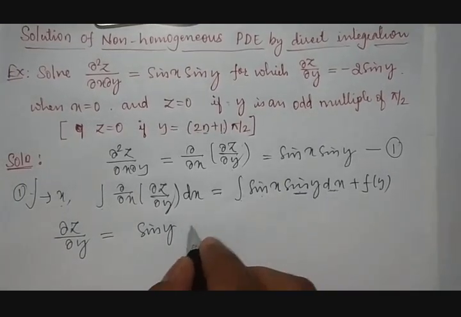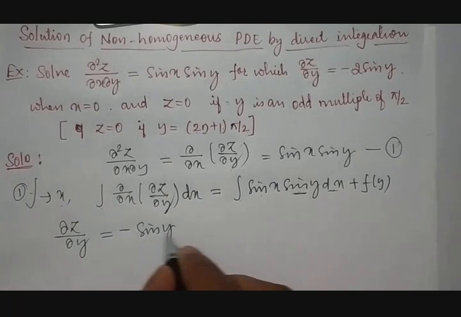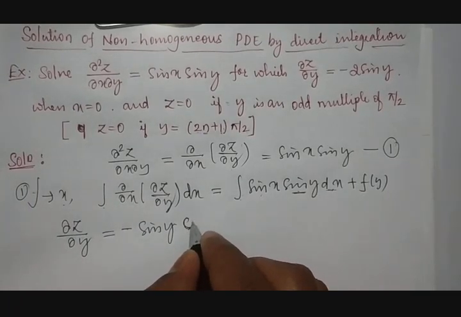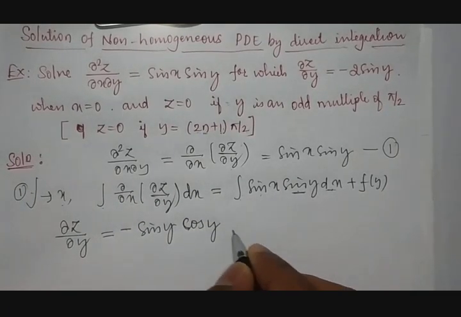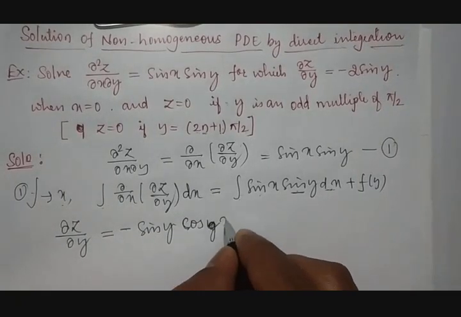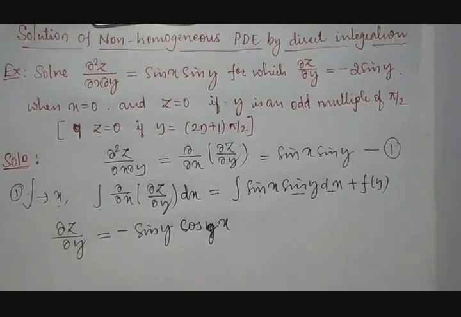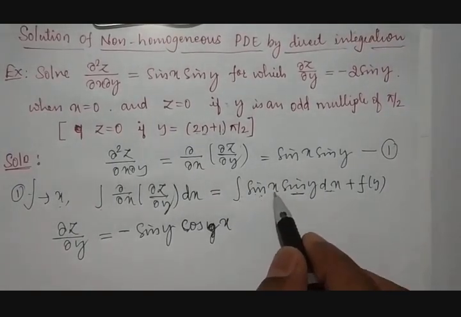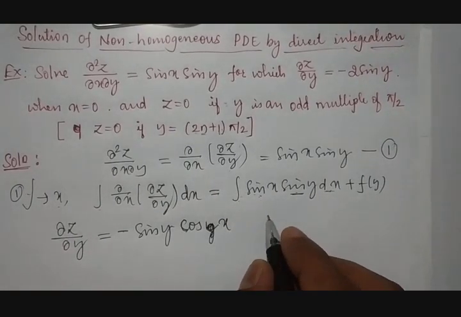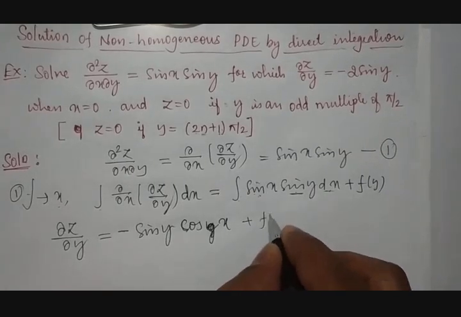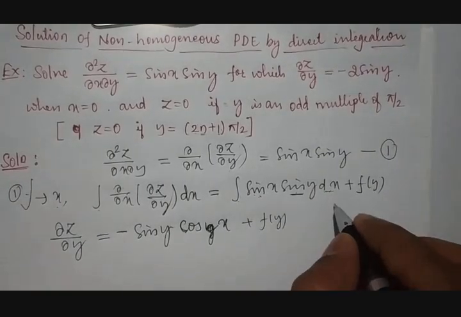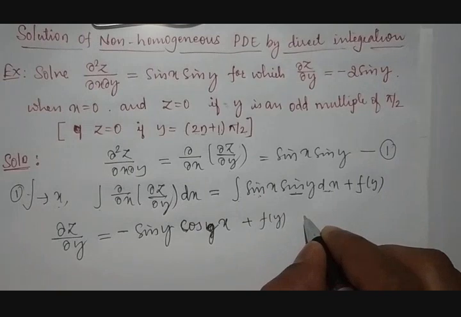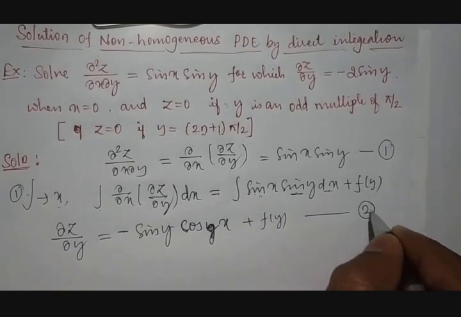The integration of sin x is minus cos x. This plus f(y). This I call equation number 2.